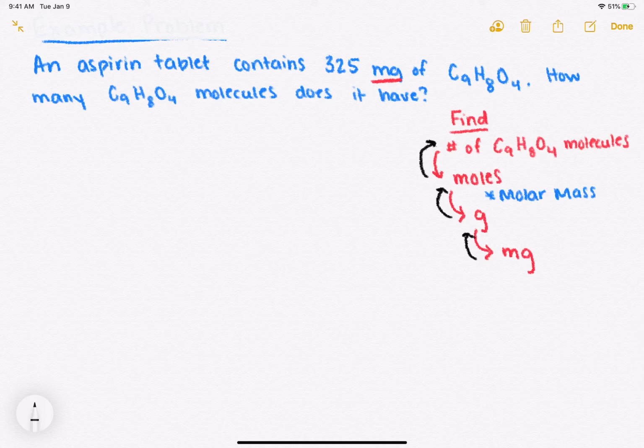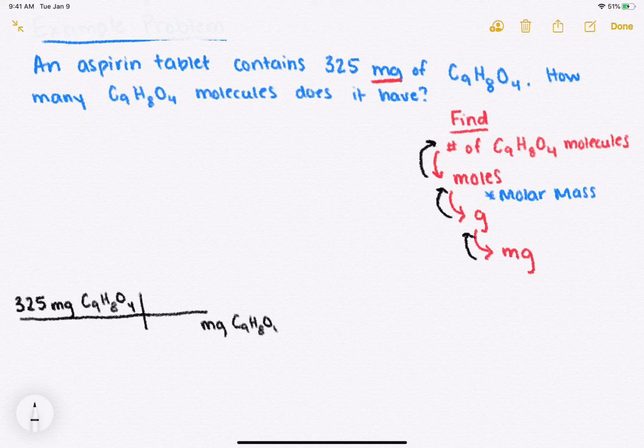So let's do that. We're going to start with 325 milligrams of C9H8O4. We know we want the milligrams to cancel. Milligrams of C9H8O4, and again, I'm writing out the whole molecule in my box.